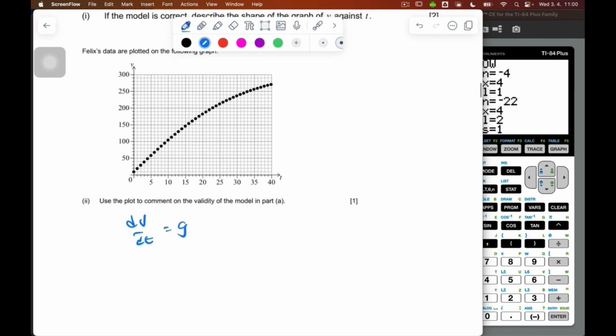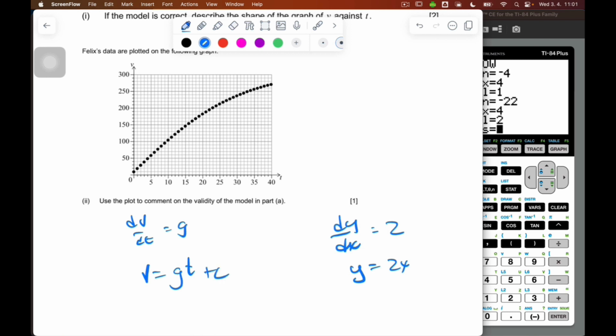If I just integrate that, v is equal to gt, similar to how if dy dx was equal to 2, y would be 2x. It's the same kind of scenario, plus c.